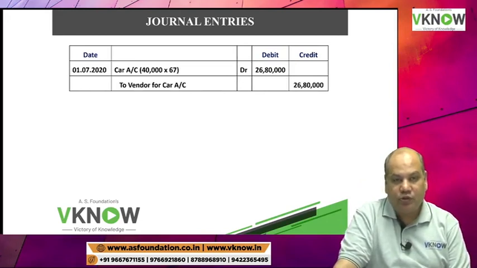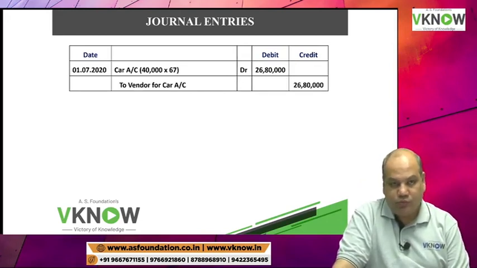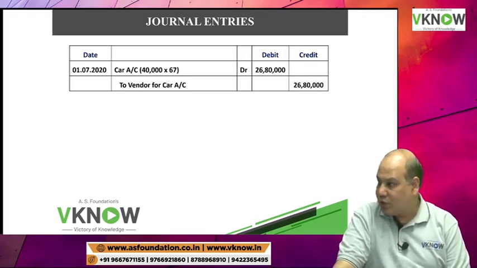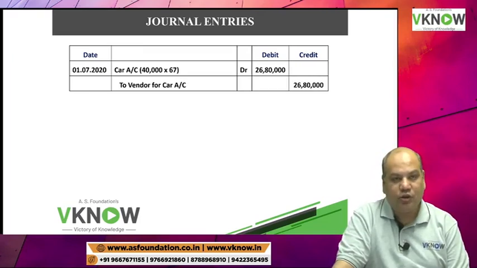Then they have purchased one car also for $40,000. On that date the rate was 67. 1st July 2020. Car account debit $40,000 into 67, that is 26 lakh 80,000.